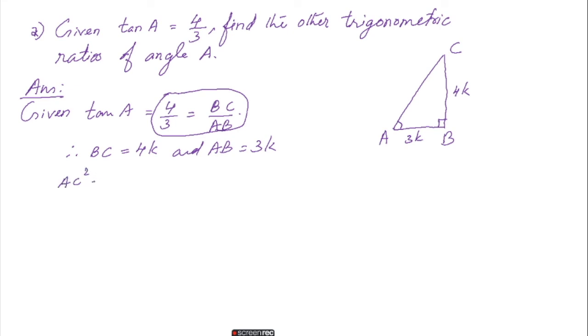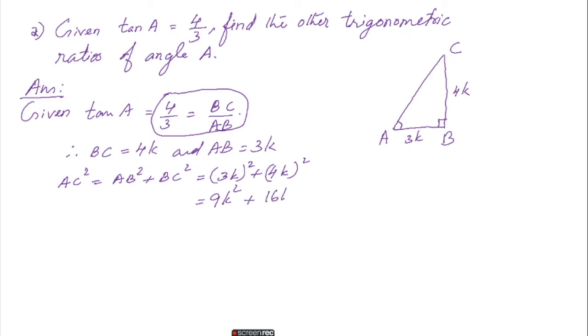AC square is equal to AB square plus BC square, which is equal to (3k) whole square plus (4k) whole square. Okay, (3k) whole square is 3k into 3k, or you can take the square of each term. 3 square is 9, k square is k square.